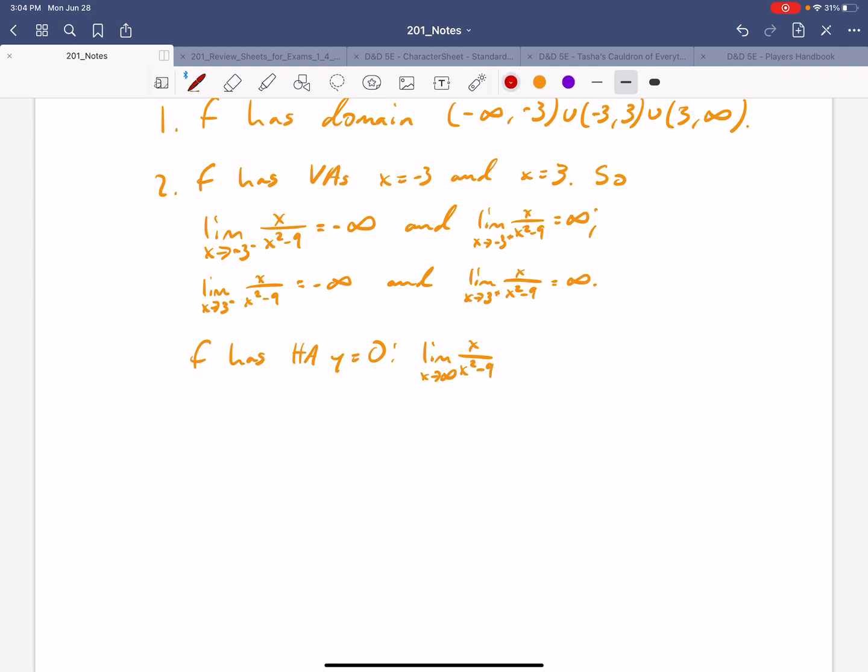Of course, we multiply by 1 over x, and we get that this is the limit as x approaches infinity of 1 over x minus 9 over x. And I think at that point we can see that it's 0.